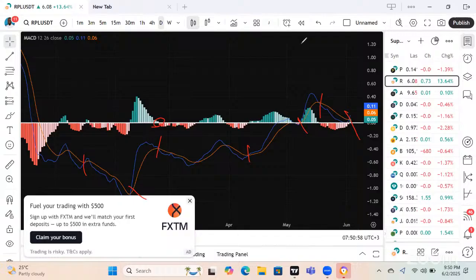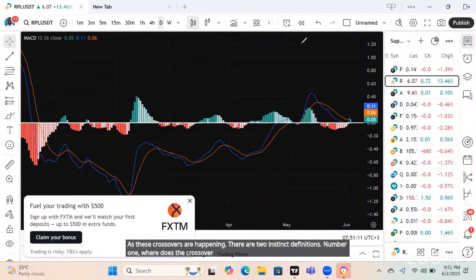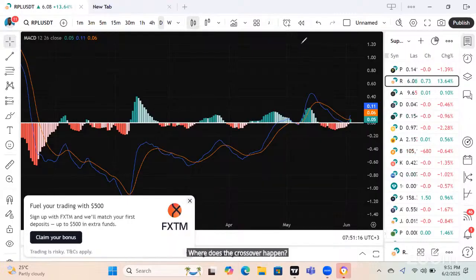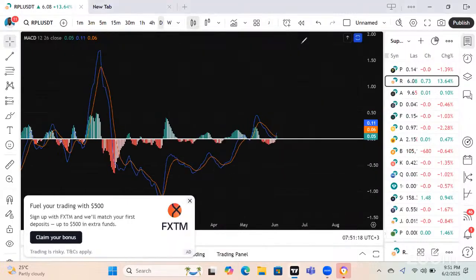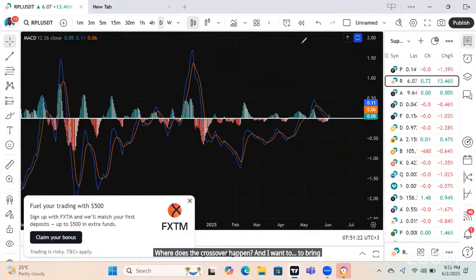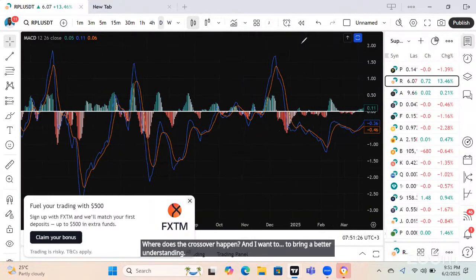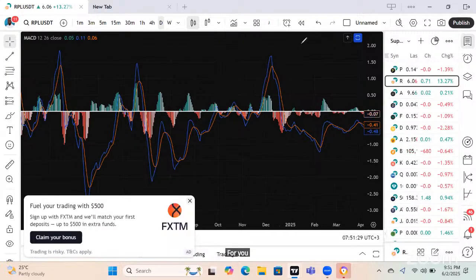Important. As these crossovers are happening, there are two distinct definitions. Number one, where does the crossover happen? And I want to bring a better understanding for you to understand.